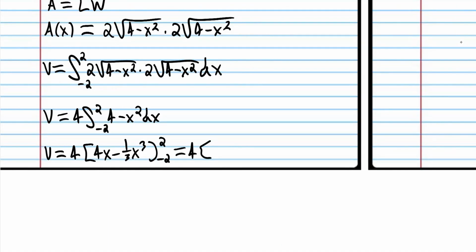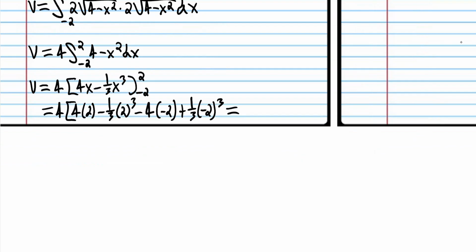So plugging in 2, and subtracting the same expression with -2 plugged in. And so it looks like we get 4 times 8 minus 8/3, plus 8 minus 8/3.